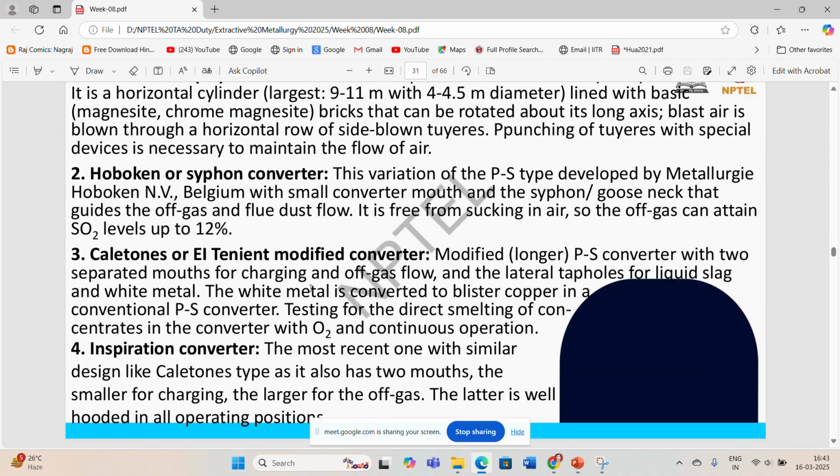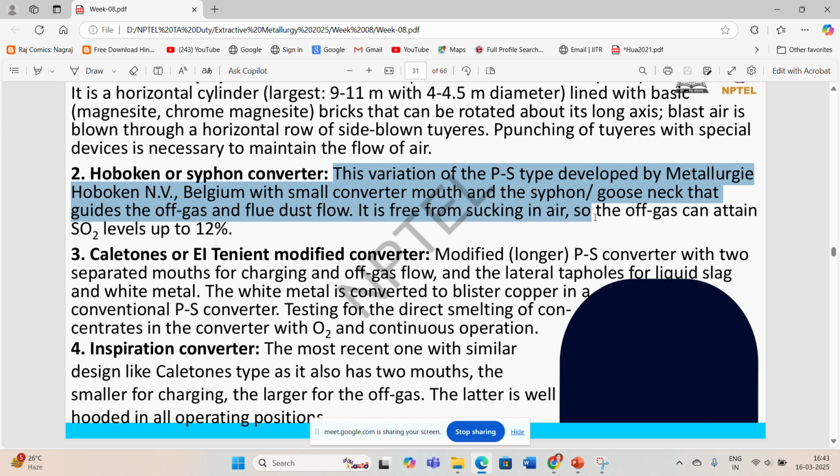With modifications to this Peirce-Smith converter, they have designed some other converter processes which are better than the Peirce-Smith converter, like the Hoboken or siphon converter. This variation of the PS type was developed by Metallurgie Hoboken NV Belgium with a small converter mouth and a siphon goose neck that guides gas and fluids.